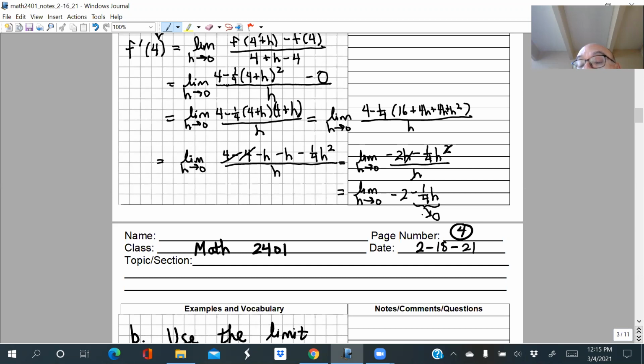So as h gets really small, guess what you're only going to be left with here? Negative 2. Just the negative 2. That's right. This part will go away, and all you'll be left with is minus 2. That's what we actually saw in Desmos a moment ago, right? As the increment got really small, we saw that these average rates of change were getting close to minus 2.